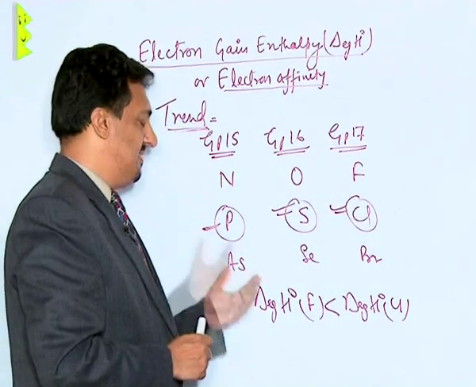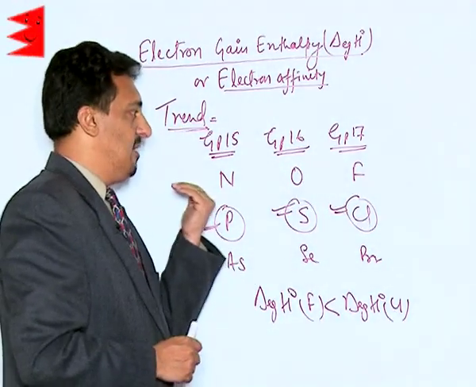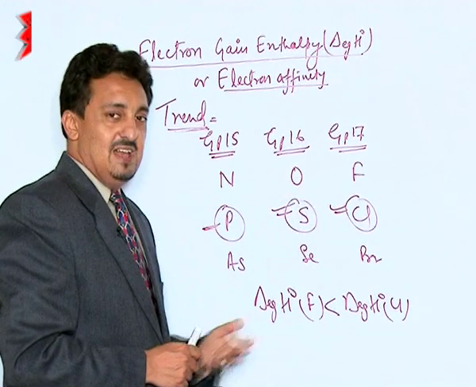Now what is the reason for such behavior in group 15, 16, 17 third period elements?